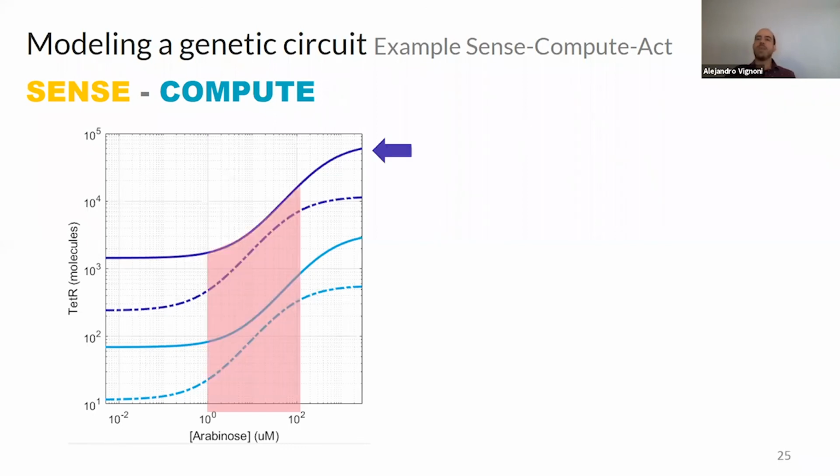And imagine that we say, okay, let's say I would like to see what happens if I make the construct of the one on top, the higher copy plasmid and the stronger RBS.